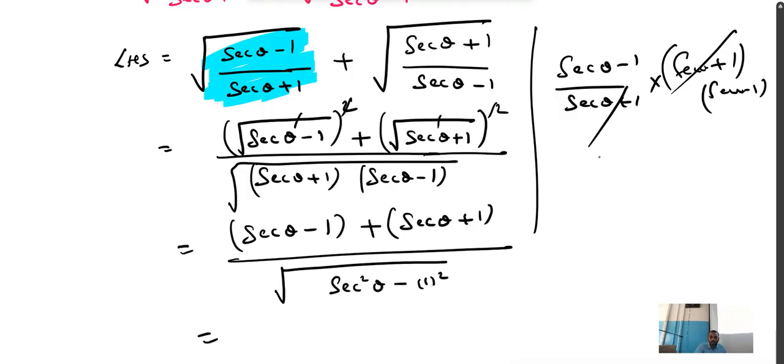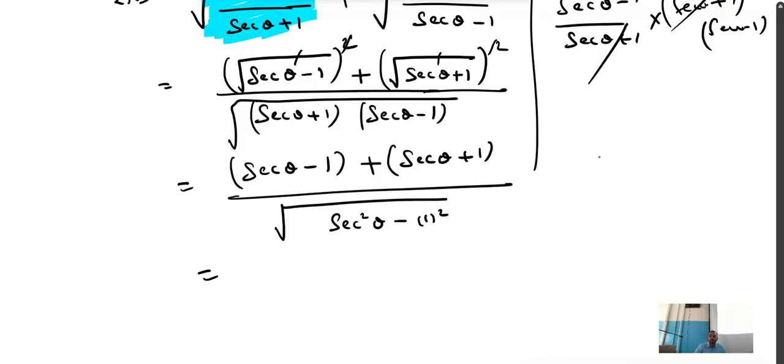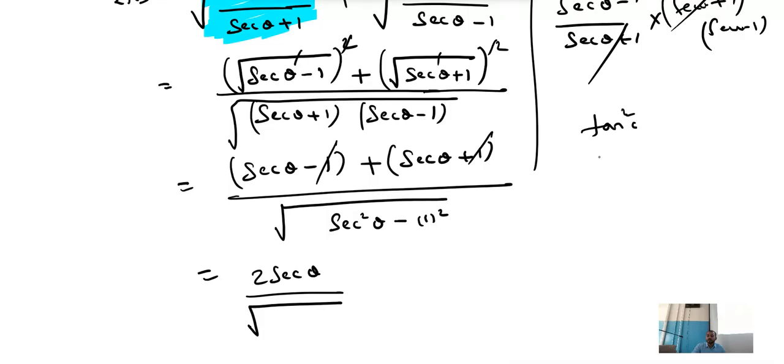Now numerator, can we add? 1 secant theta plus 1 secant theta, 2 secant theta, plus 1 minus 1 get cancelled. Divided by root of secant square theta minus 1. Identity of secant is what? Tan square theta plus 1 is equals to secant square theta.